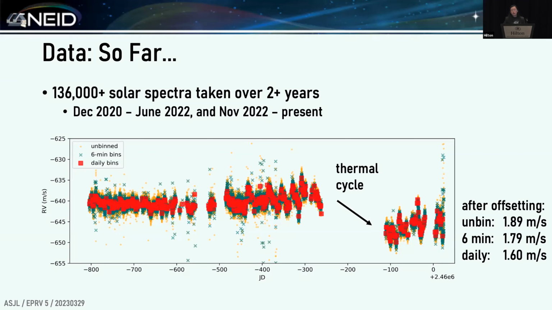This includes not only solar activity, but also NEID instrumental precision. We also see an offset with the thermocycling of NEID that happened due to the Contreras fire, and it's a fairly consistent 6 or 7 meter per second offset. That's something that we can clearly see in the solar data.